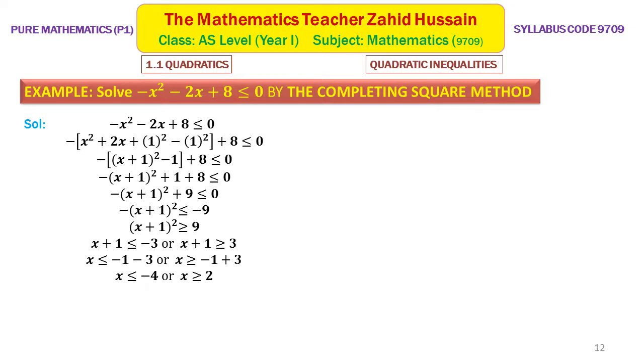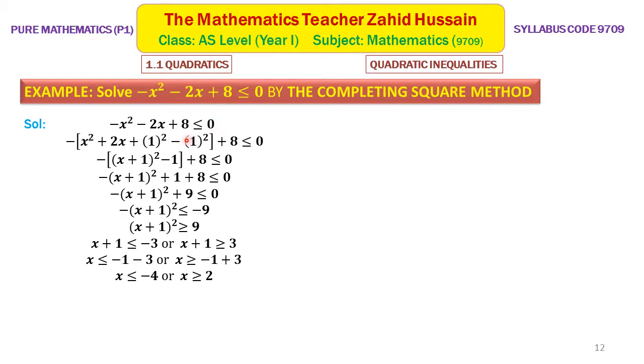So there are three methods which we have just studied. A quadratic inequality can be solved by the graphing method, by the number line and sign check method, and by the completed square method. You can use any one of these three.